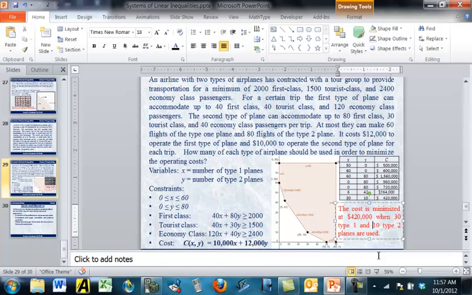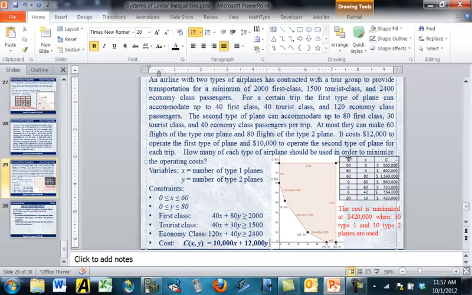It's the one on the bottom there at 420,000. Okay, so that is the least amount.